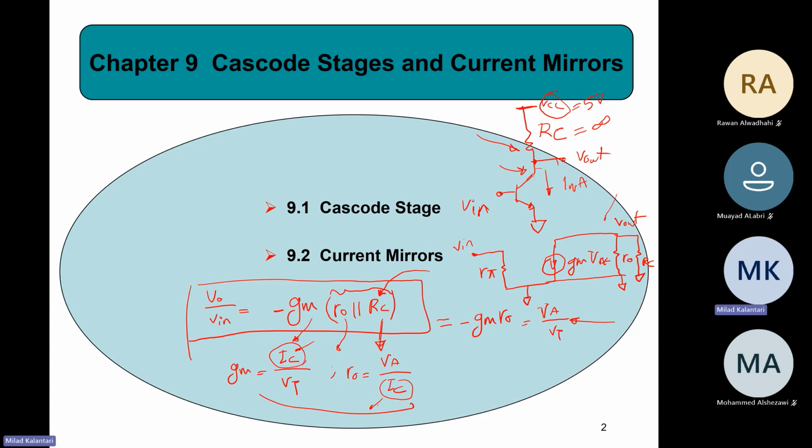So what if I try to bias the device this way? I put a current source. What will happen? V in is here, V out is here.